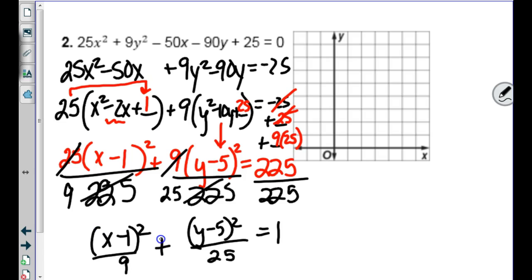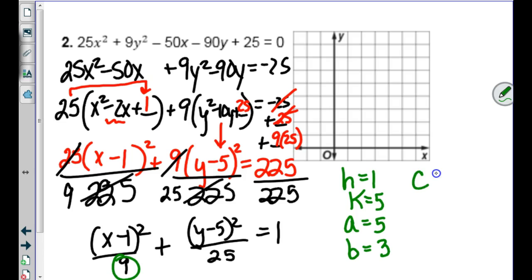I'm not going to graph it, but tell me what h is, k is. Okay, a, be careful. A squared is the bigger one, so a is 5. This is b squared, so b is 3.